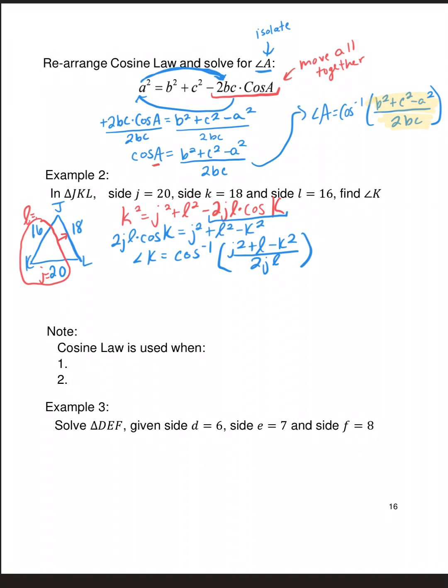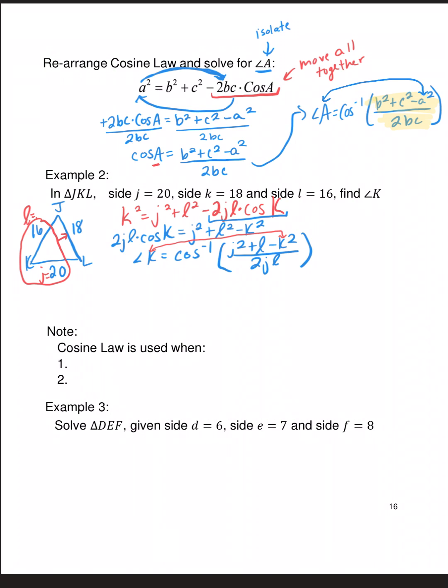Notice that whatever angle we were solving for, that corresponding side was at this point on the right-hand side. So if we're doing the same thing for K, you can see that angle K is here, and its corresponding side, again, is in the same place as in the previous, right? And then the other two side lengths basically just go in those other places.